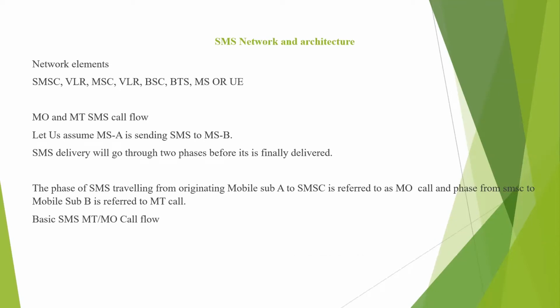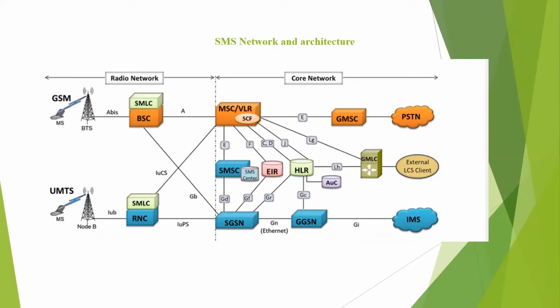I think we have just discussed network elements. We have the SMSC, VLR, MSC, HLR, BSC, BTS, and such. We can walk through an MO journey of a message and also an MT. The message originates from a mobile subscriber through the base transceiver station to the base station controller to the mobile switching center.